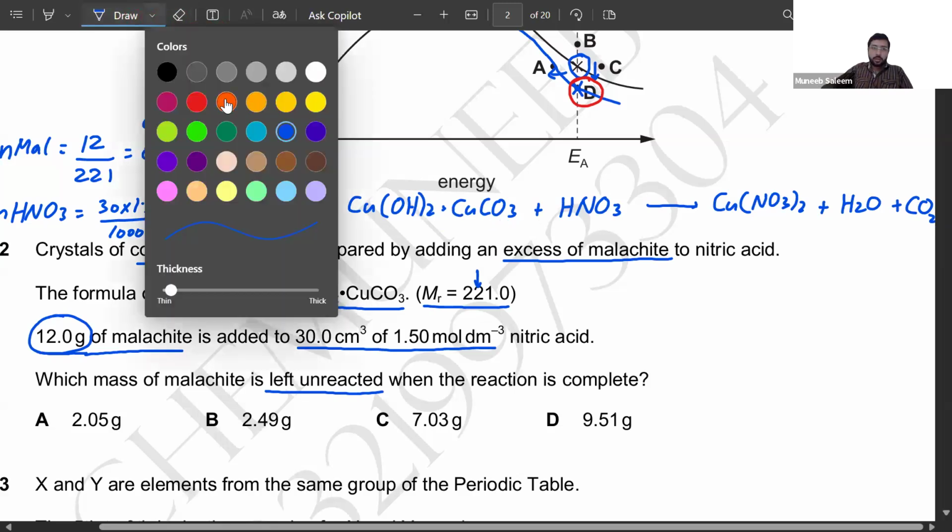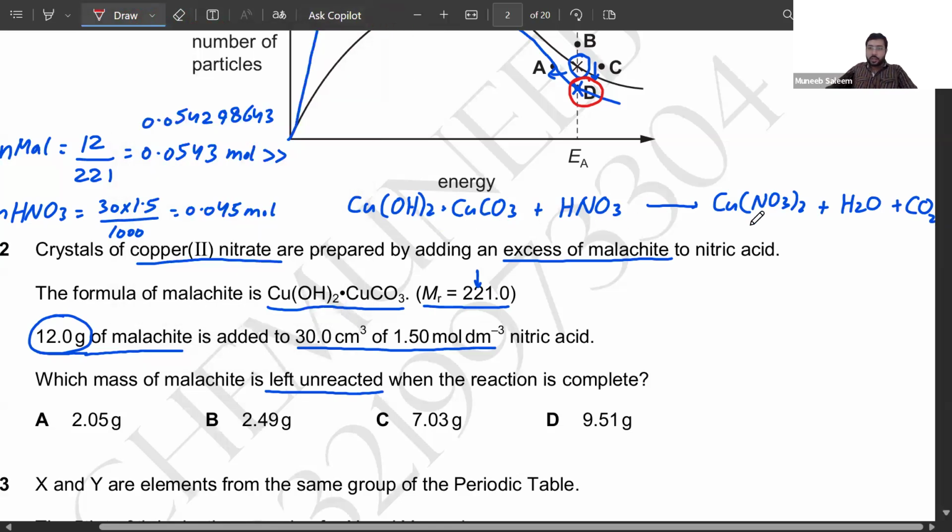Now balance this equation. For balancing, we need to check the number of the copper atoms. There are two copper atoms on the left side and there is one copper atom on the right side. So I put two over here. Now copper atoms are balanced. Now check the nitrates. There are two nitrates here. So I put two over here.